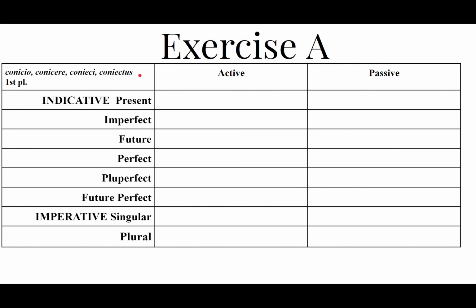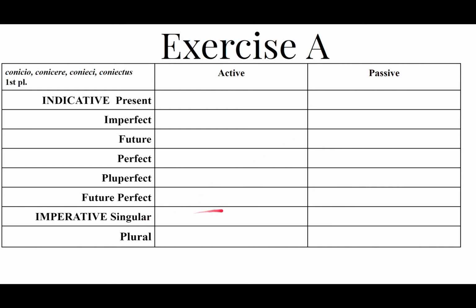The feminine a becomes ae, and the neuter singular becomes a. So write conjecti, ae, a, and then the helping verb: conjecti, ae, a sumus, conjecti, ae, a eramus, conjecti, ae, a erimus.